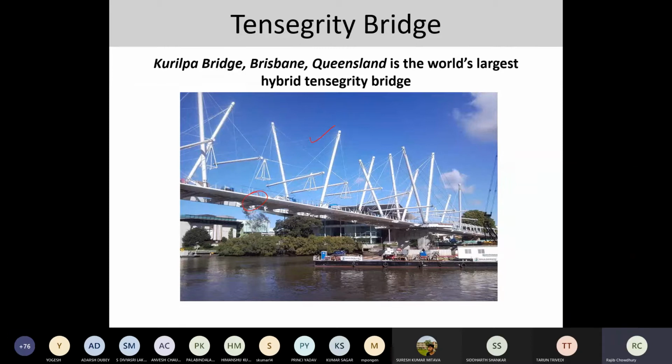There is no compression in nature. So you have to arrange the structural members or components in such a way that all the things would be under pure tension. So this is a hybrid tensegrity structure. Why is it called hybrid? Because the deck cannot be considered as the tension member itself.